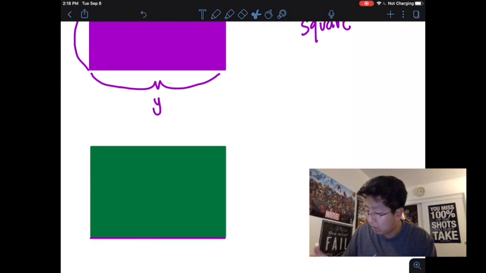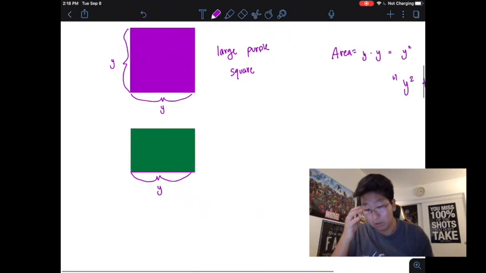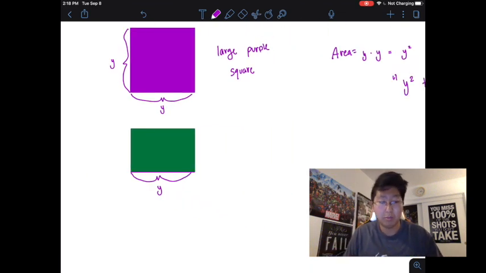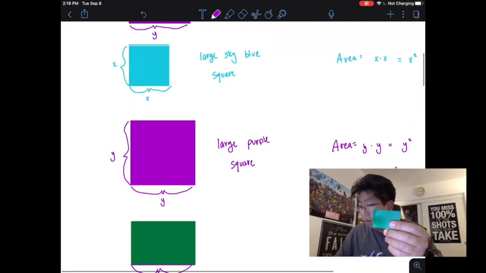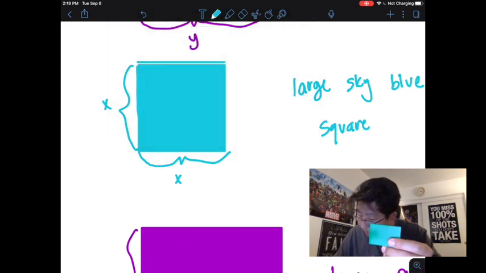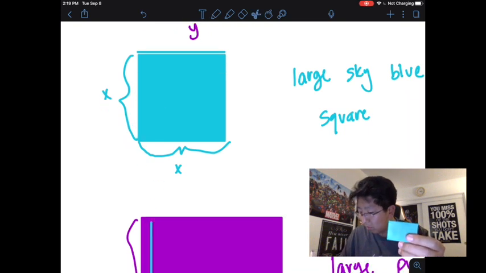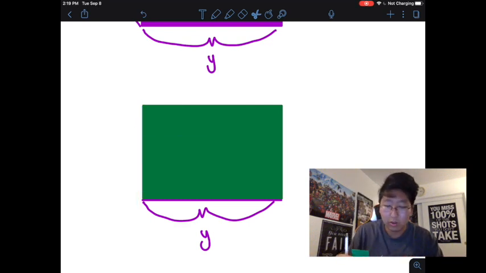The distance on the bottom is right here, Y. I've not been bringing these tiles up. So that's this one right here. We'll draw a line for this X. We'll move it down here. I did not draw these to scale. So the base is Y.